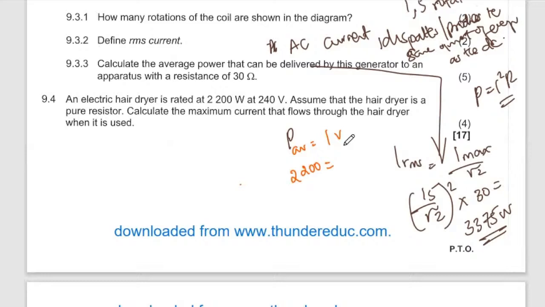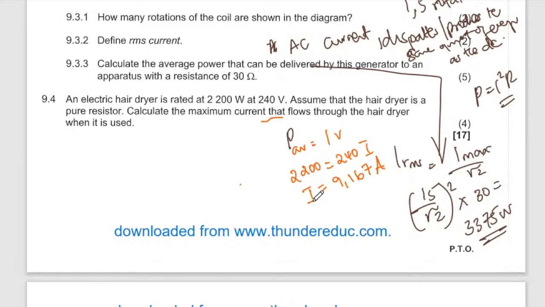Our current we don't know, but we have the voltage, which is 240. I'm just going to say 240I. Then when I divide 2.2 kilowatts by 240, I'm getting 9.1667 amps.